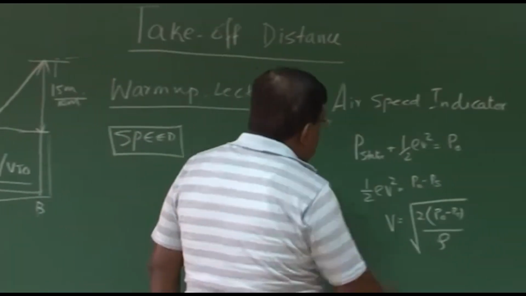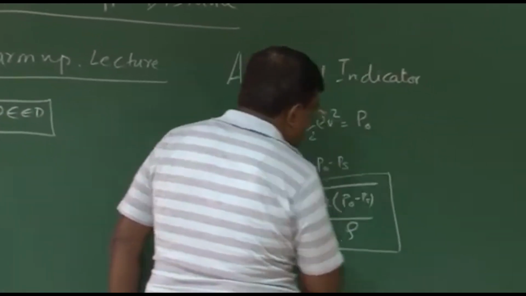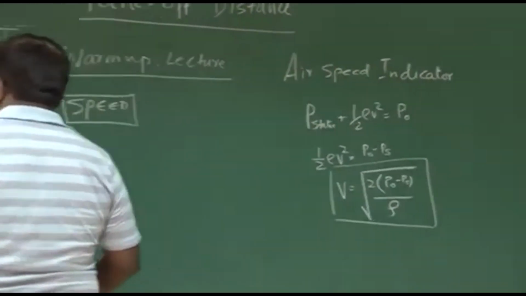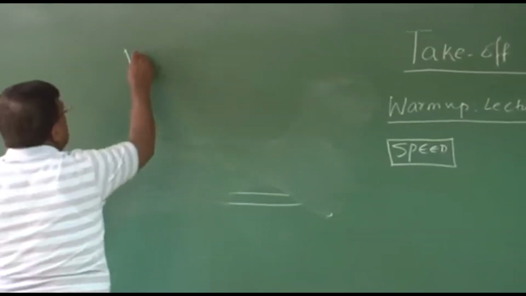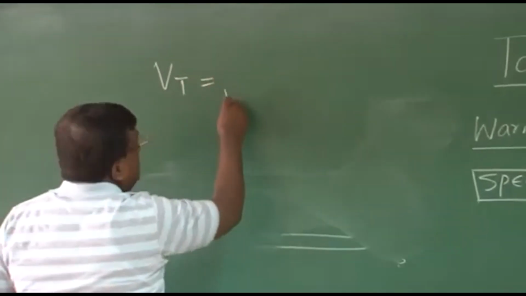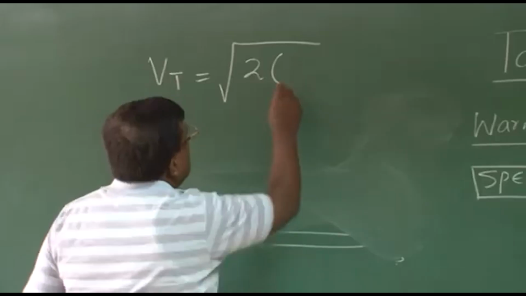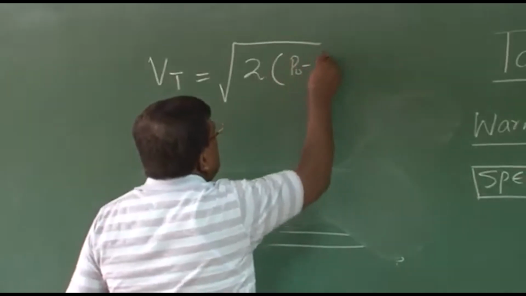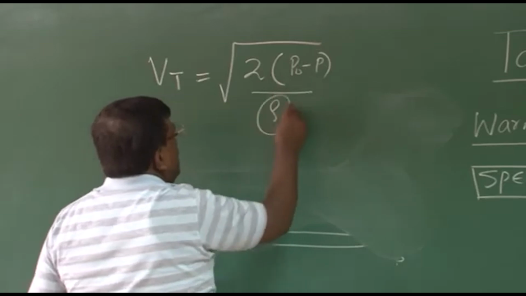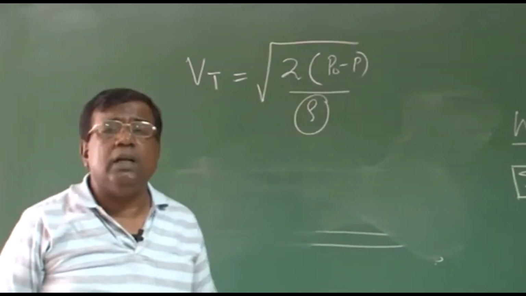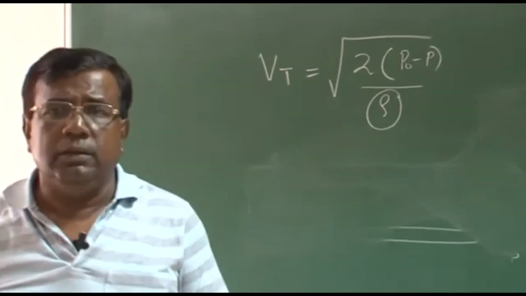But let us see what this V is. This V is basically the true air speed, because rho is the actual density at the altitude you are flying.